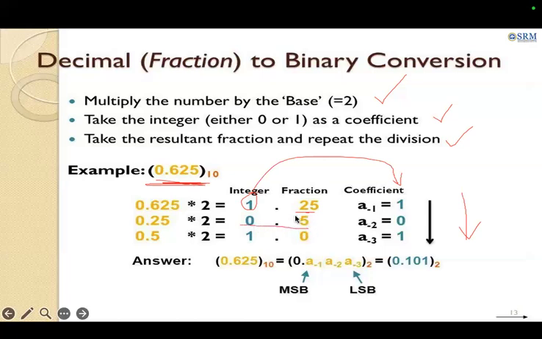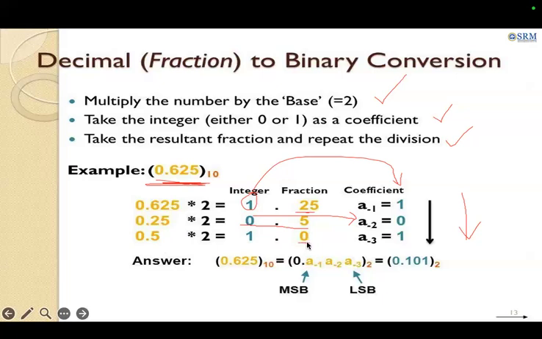In 0.5, the 0 will be considered as the coefficient, the next coefficient a minus 2, and the 5 will be used for the next multiplication by 2. So 0.5 multiplied by 2 gives 1.0. Its coefficient will be 1, referred to as a minus 3, and the fraction is 0. You can continue until you obtain 0 as the fraction.